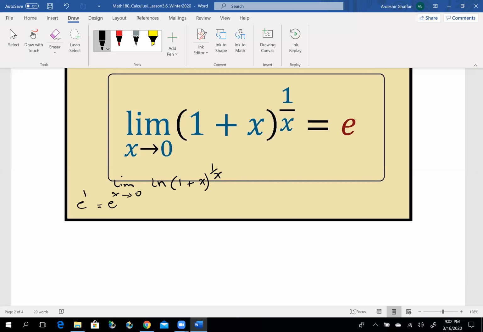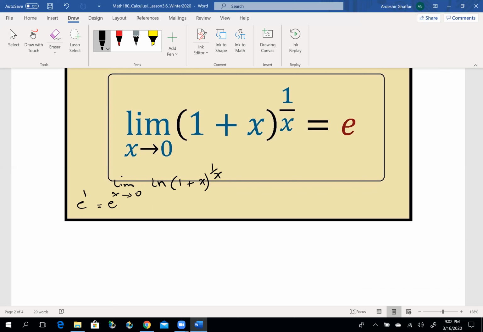And that was equal to 1, because remember, guys, that before I showed you that if you graph e to the x, you see that the slope is exactly 1, correct? So the limit as x approaches 0 of natural log of (1 plus x) to the power of 1 over x actually is equal to 1.